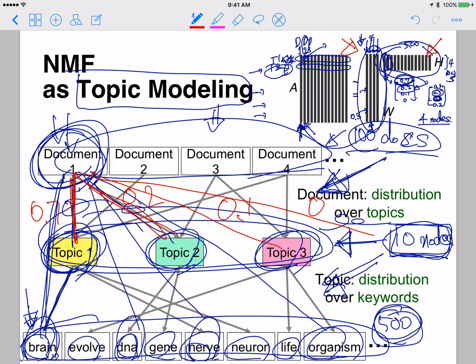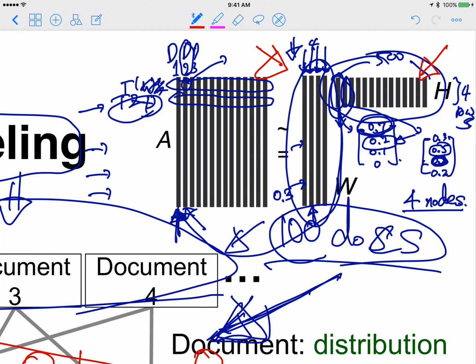But they are not just using a matrix factorization; they are using a probabilistic generative procedure. Let me just explain that briefly, because I don't see any reason not to do so.